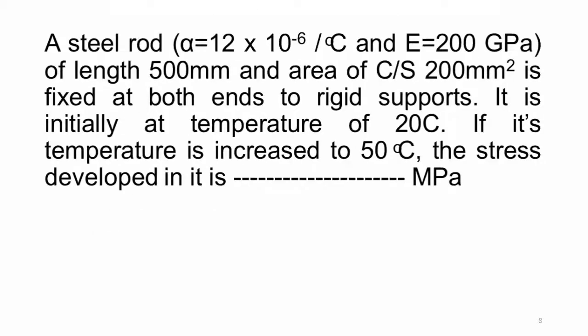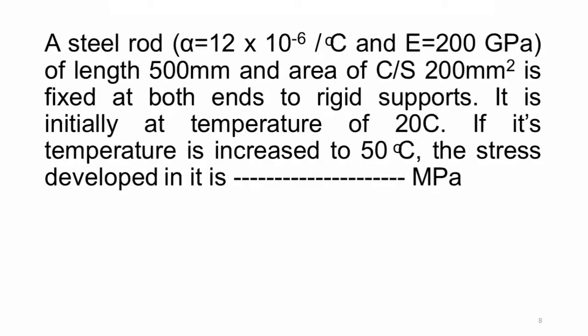Okay. Next is a straightforward question on thermal stresses. We have to find out the thermal stresses developed in the material. The material is a steel rod. Alpha value is 12 into 10 raised to minus 6 per degree centigrade. Capital E is 200 gigapascal.